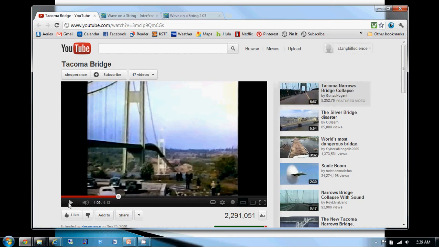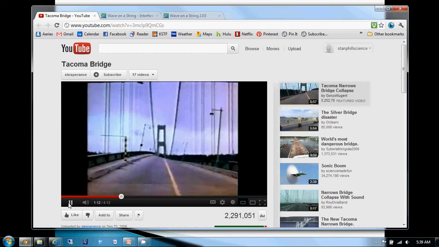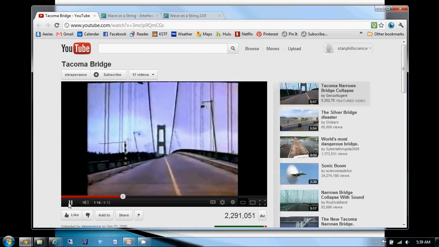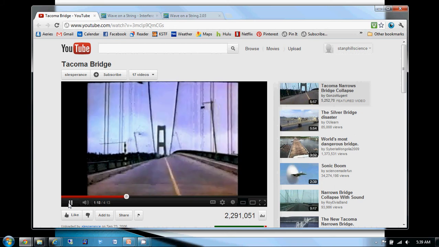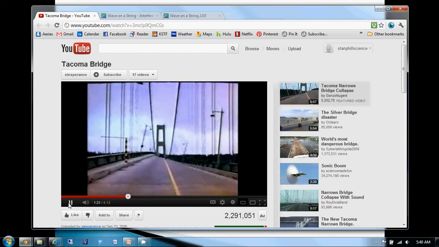So this is what happens when we get resonance of that type in a bridge. The bridge suddenly went into a twisting motion. The wind speed was a steady 42 miles per hour. This was enough to keep the bridge oscillating in one of its natural modes of vibration, with a period of 5 seconds.